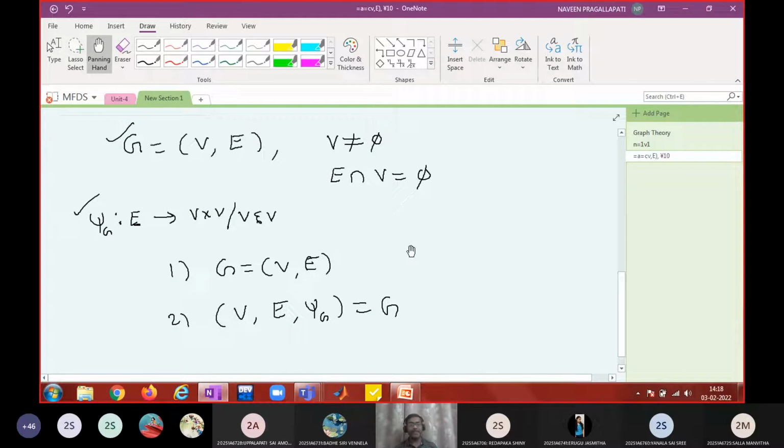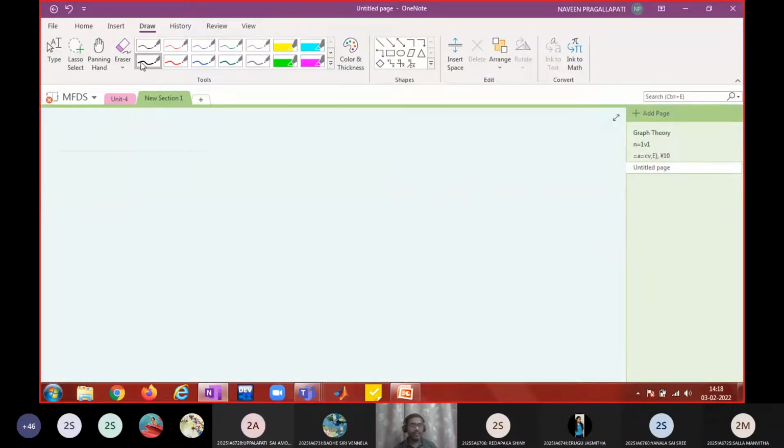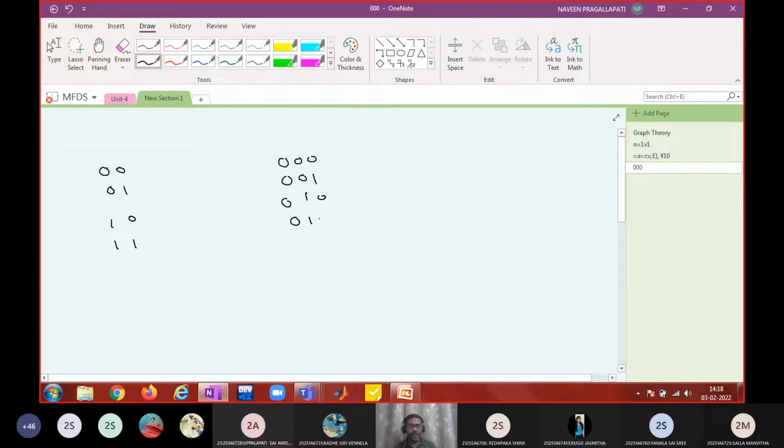Of length 3? 8. So for length 3 they are 000, 001, 010, 011, 100, 101, 110, 111. That is 1, 2, 3, 4, 5, 6, 7, 8.